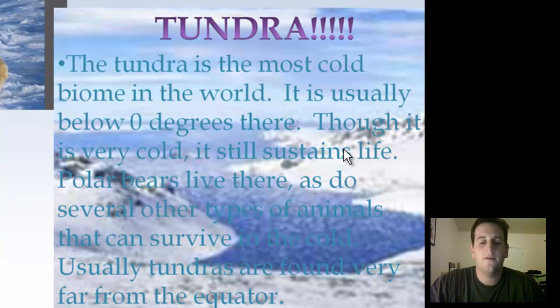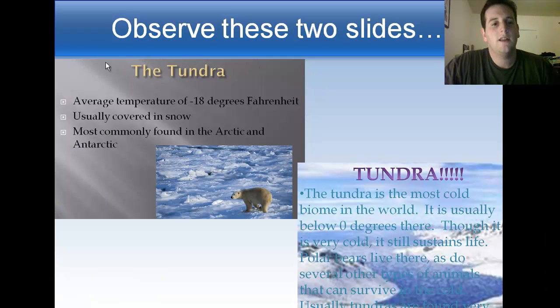Usually tundras are found very far from the equator, like up in the north or far in the south. So we have these two different slides. This slide, the tundra with smaller bullet points and a picture that's small and relates to it. And then over here we have this sort of long paragraph with a big picture in the background that's actually making it quite difficult to read the text in this section.